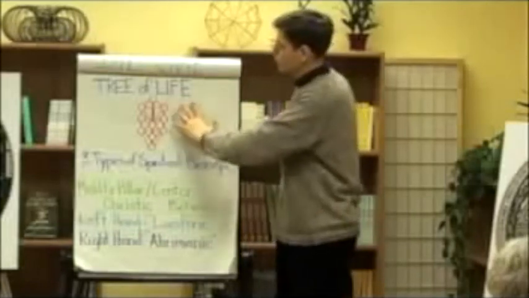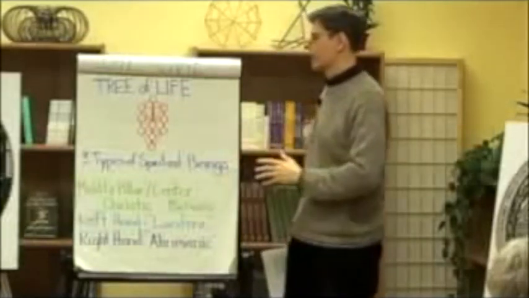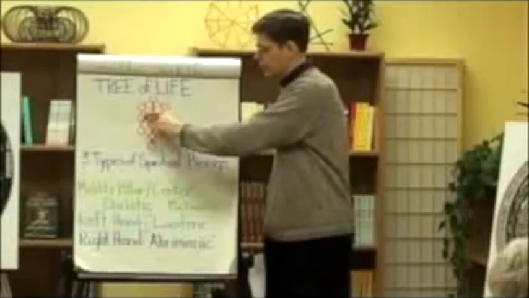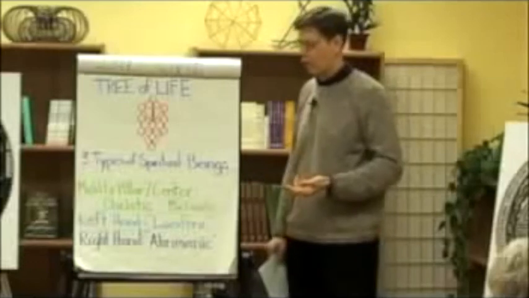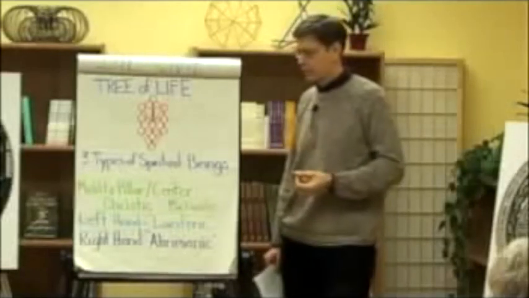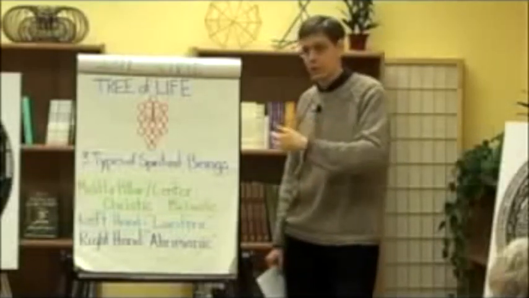So the tree of life holds a tremendous amount of embedded information, that there are 22 paths connecting the 10 spheres on the tree of life. And those in the classical Kabbalah are described as being related to a pattern of 3, 7, and 12.